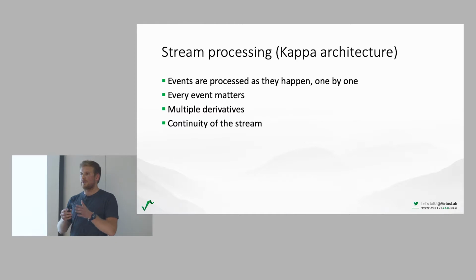You can introduce some ordering if you need it, but in some cases you can process events in parallel. And you don't need to introduce artificial barriers like chunks of data, because when you are chunking the data, you need to think about what happens if interesting data happens to be in two different chunks. So this is a problem with batch processing. Here you have data as it goes and you process it as it appears in the stream.